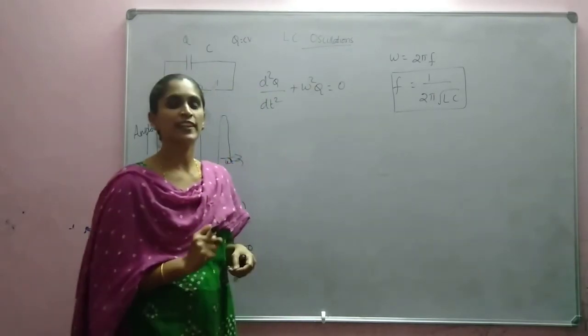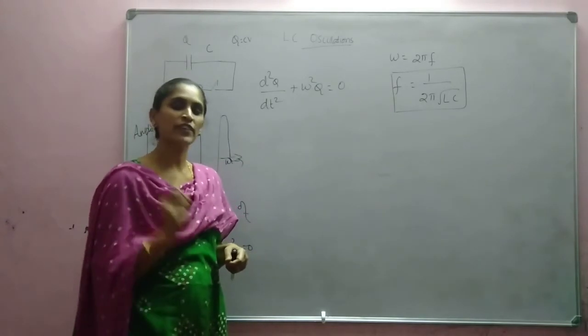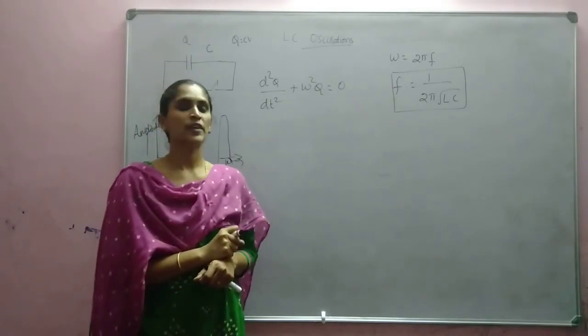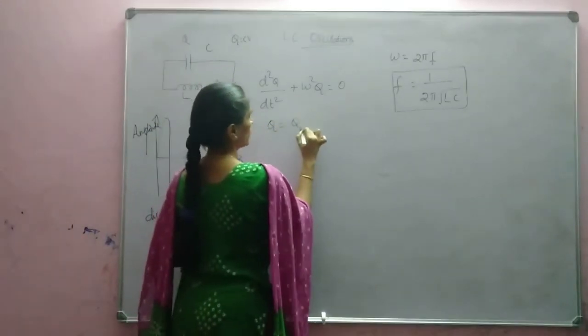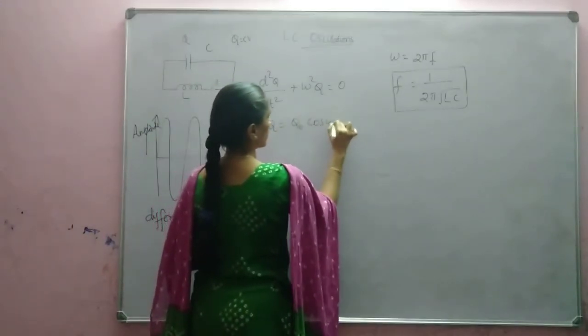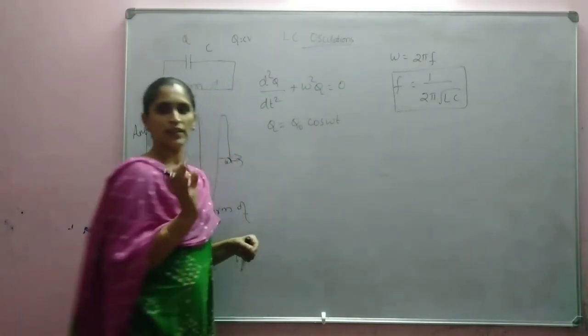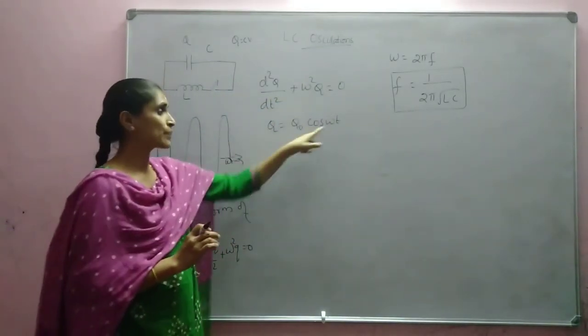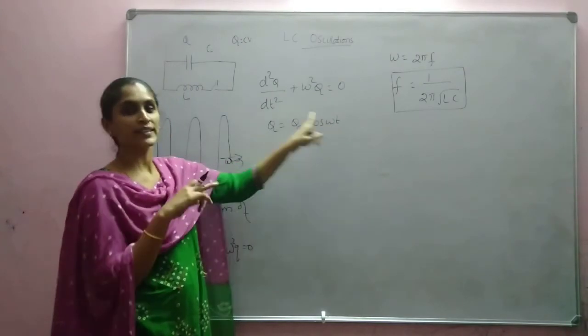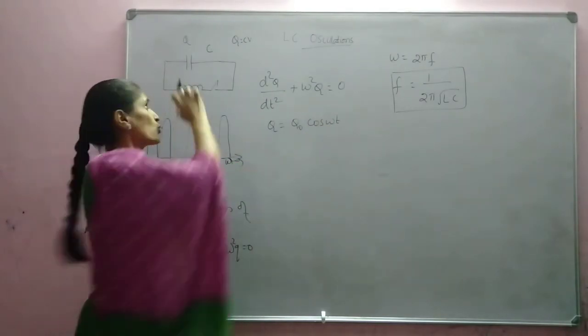Here we say it is a cosine function: q is equal to q0 cos omega t is the solution of this differential equation. Why? Because at t is equal to 0, maximum charge will be stored in the capacitor.